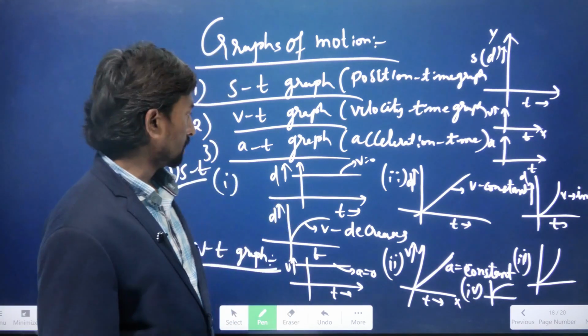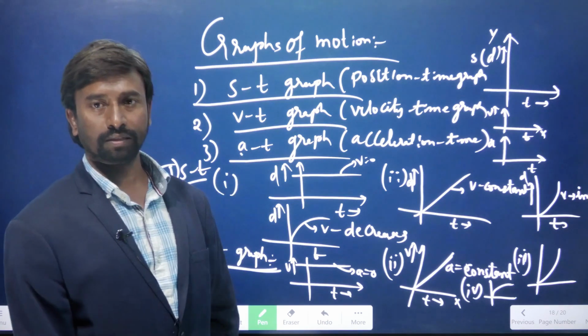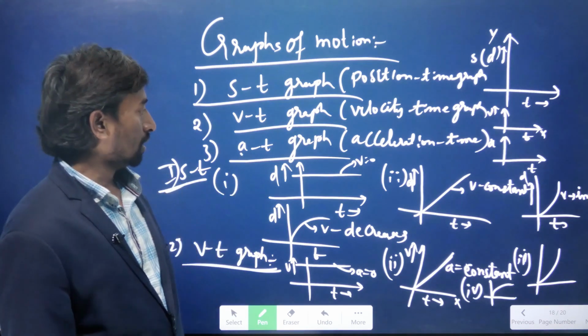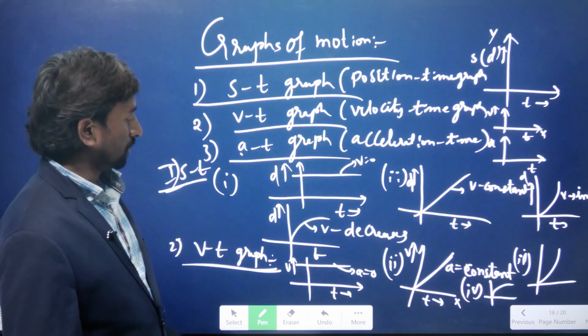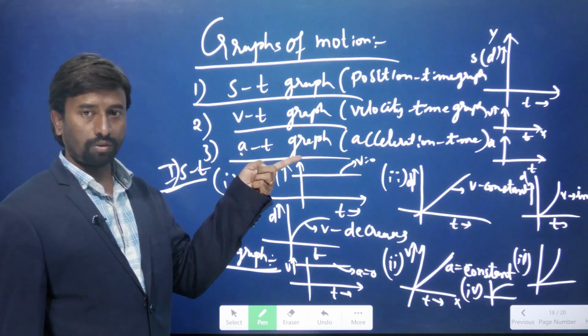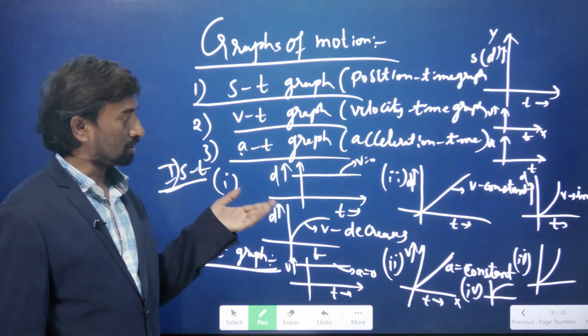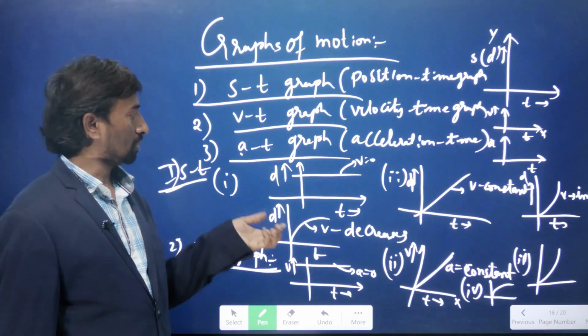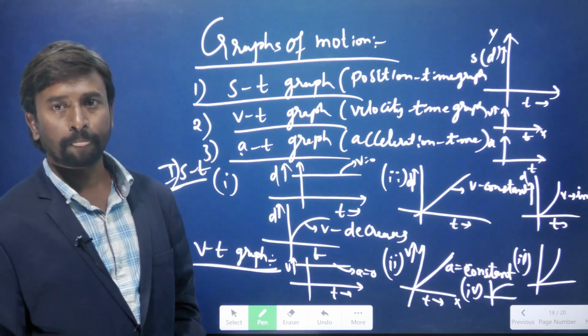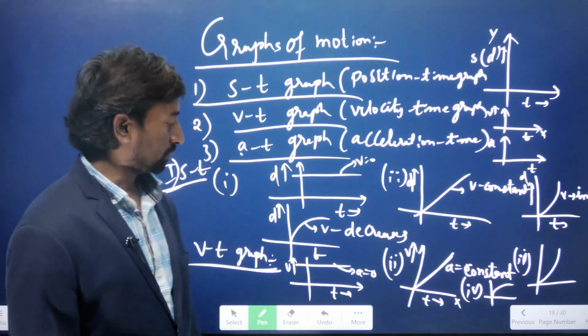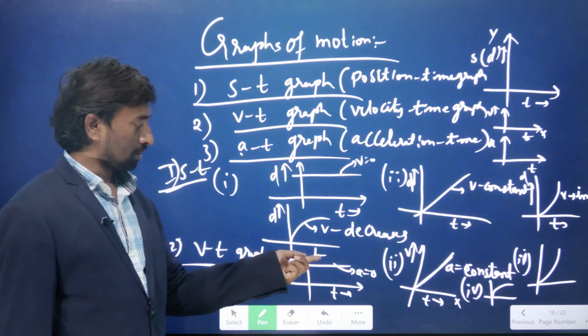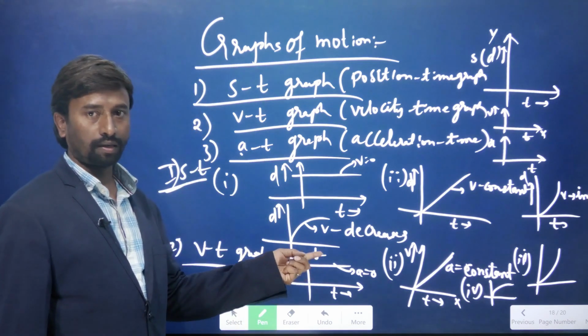In the acceleration-time graph, acceleration is taken on the y-axis and time on the x-axis. If the acceleration of the body is 0 or constant, then the graph is parallel to the x-axis.